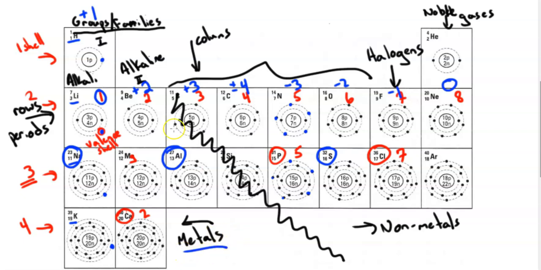Those metals will always form positive charges, and non-metals will always form negative charges. Fluorine. Negative 1. Chlorine. Negative 1. Sulfur. Negative 2. Magnesium. Plus 2. Calcium. Plus 2. Potassium.